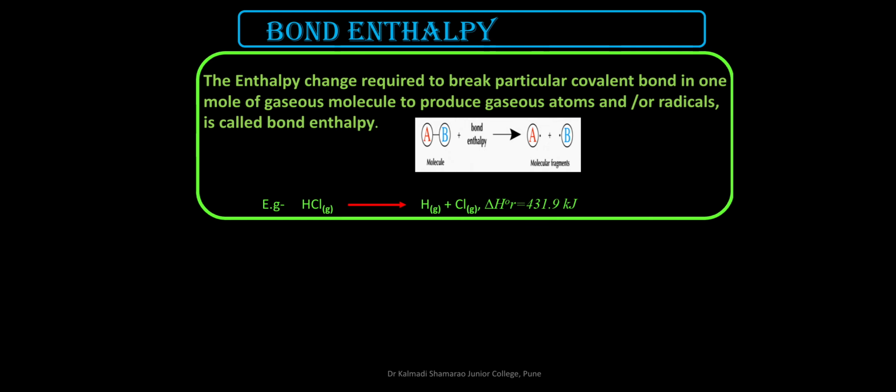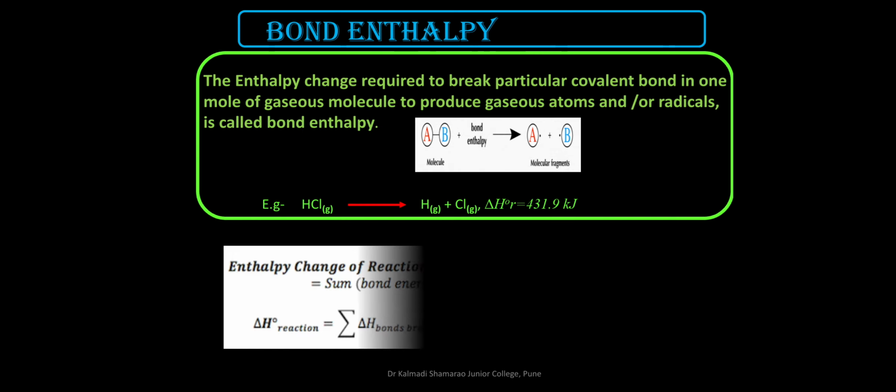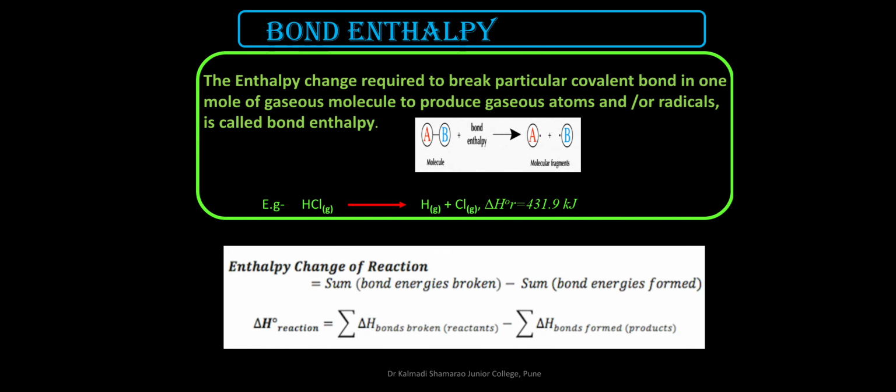Whenever bonds are broken and products are formed, it means that the reactants' bonds are broken and the products' bonds are formed. Hence, we can give the bond enthalpy change as the summation of enthalpy of the bonds broken, that is the reactants, minus the summation of the enthalpy of bonds formed, that is the products.